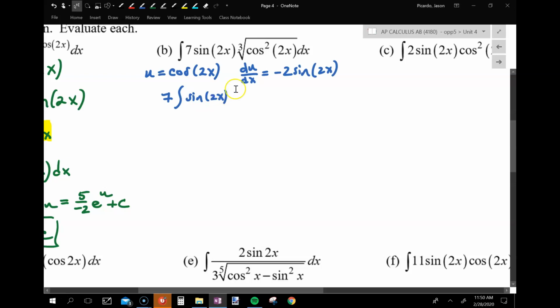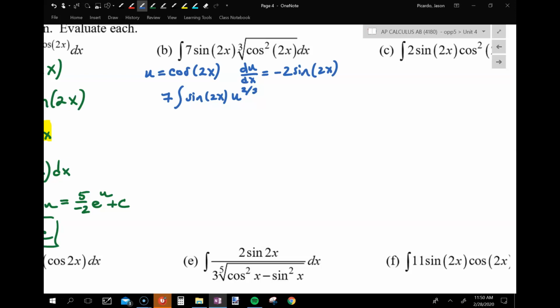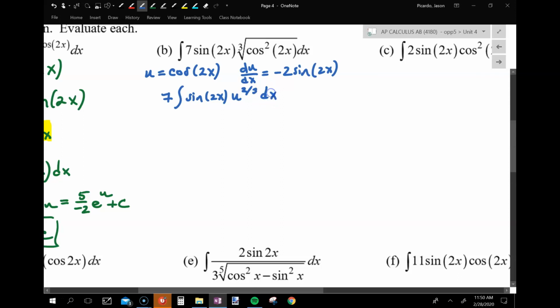And what do I have here? I have cosine of 2x to the 2/3 power. Isn't that really just this? Everybody see it? And don't forget the dx.